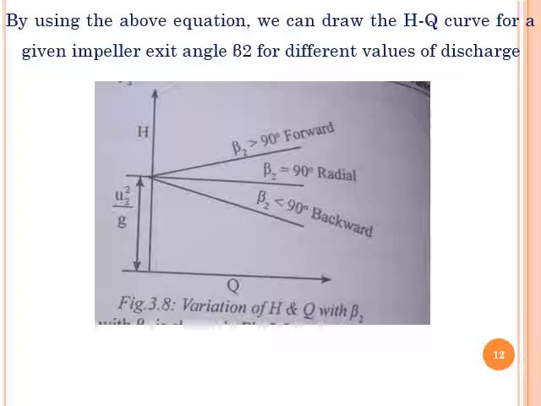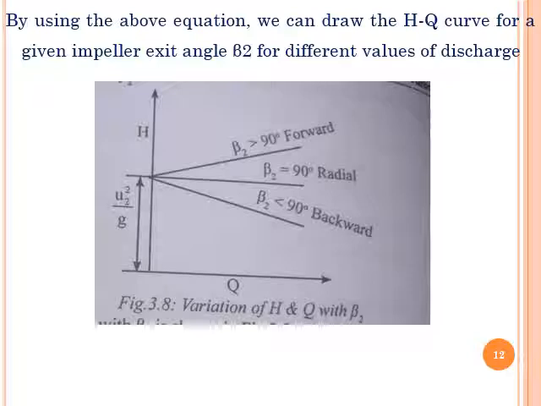That is the radial flow machine. In case beta 2 is lesser than 90 degree, see the relation between head and discharge. As the discharge increases, the head drops, and that is called the backward curved blades.